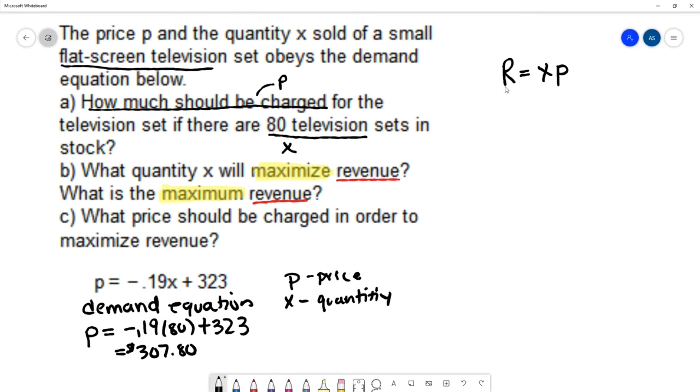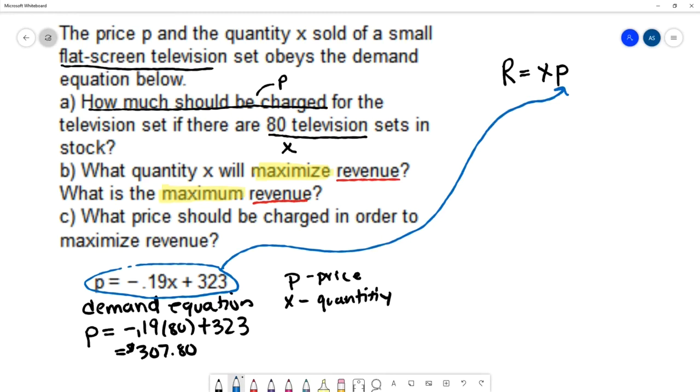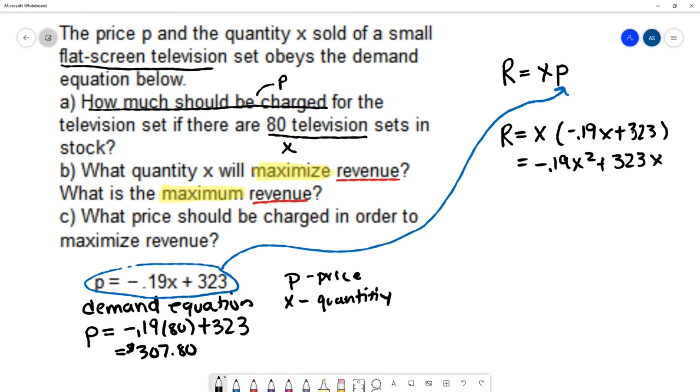So if we take our P here and we substitute it in for the P, we will have revenue equals X times negative 0.19x plus 323. I can use the distributive property, and that's negative 0.19x squared plus 323x.